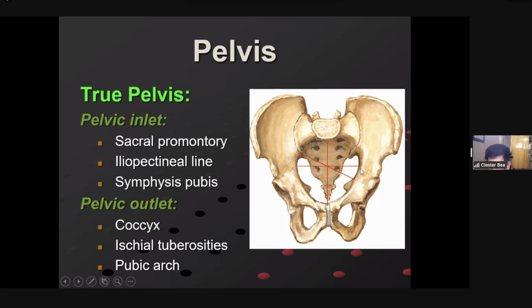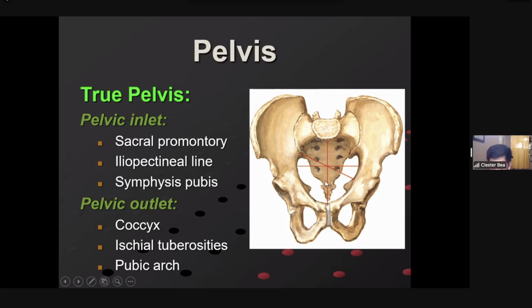You connect this ridge here with this ridge here, then you have the iliopectineal line. In the middle, the articulation of your pubic bone is the symphysis pubis. So this entire ovoid-shaped pelvic inlet or pelvic brim is what delineates the false pelvis above from the true pelvis below.